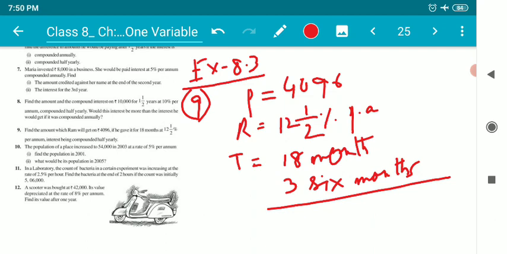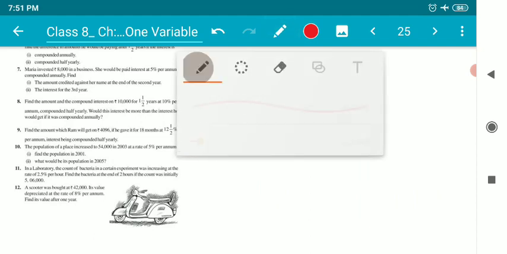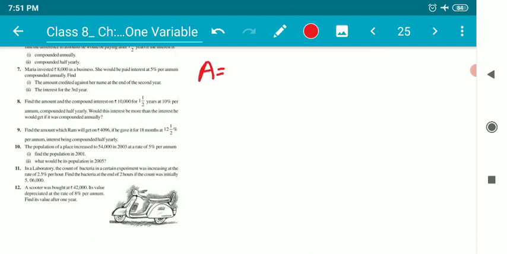As we are asked to calculate compounded half yearly, children, the formula for compounded half yearly is amount is equal to principal into 1 plus r by 100 whole to the power 2n. So this is the formula for compound interest half yearly.